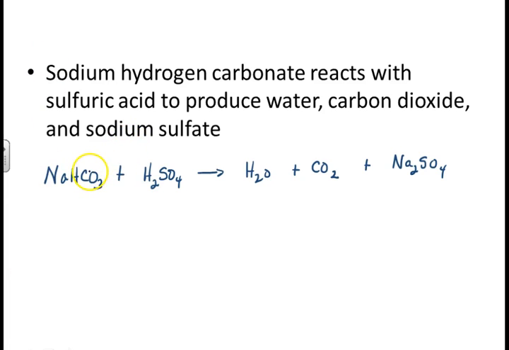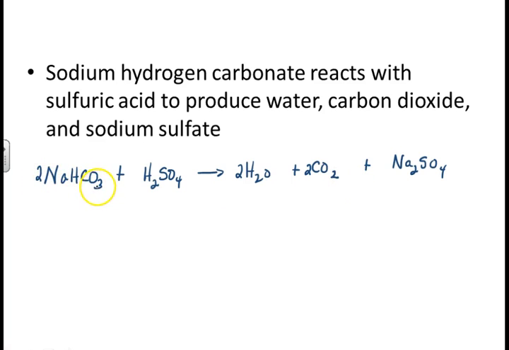So let's begin by balancing sodium. We've got 1 sodium versus 2, so I'm going to give myself 2 sodiums. That 2 affects the hydrogen, so let's check on hydrogen and see where we stand. That gives 2 hydrogen plus 2 hydrogen is 4 hydrogen. I've got all my hydrogen in water on this side, so 2 times 2 is 4 hydrogens. I've got 2 carbons, I've got 1 carbon, so I get myself 2 carbons there.